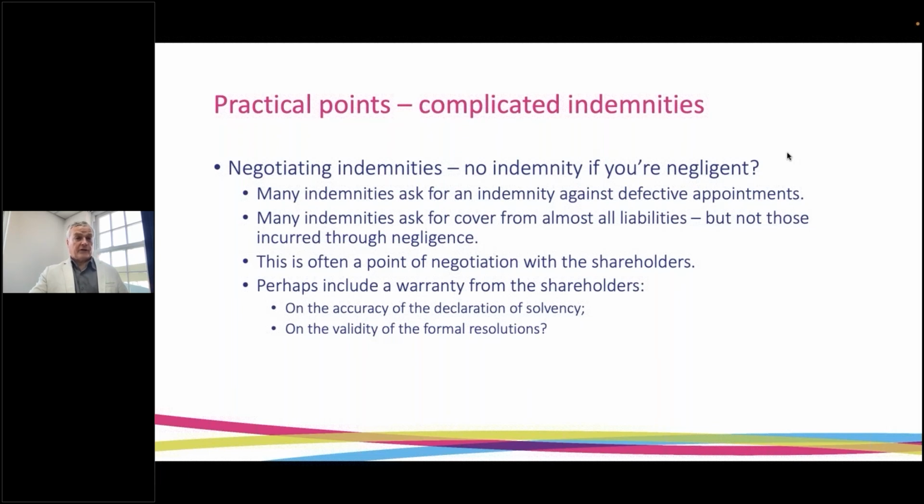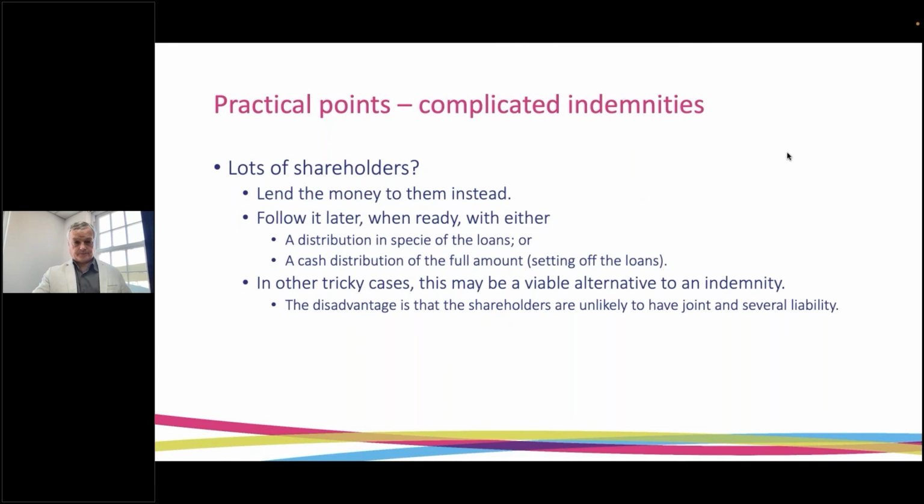That therefore suggests that if there's something wrong with the appointment, you may have been careless yourself in preparing them. So that can be difficult to negotiate. And as I say, many modern indemnities do include a warranty from the shareholders on the accuracy of the information that they have provided to you and on the validity of the resolutions that they have claimed to pass.